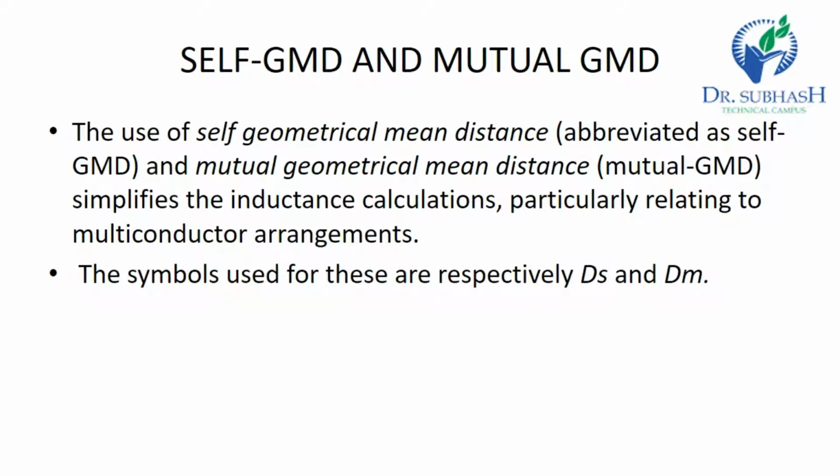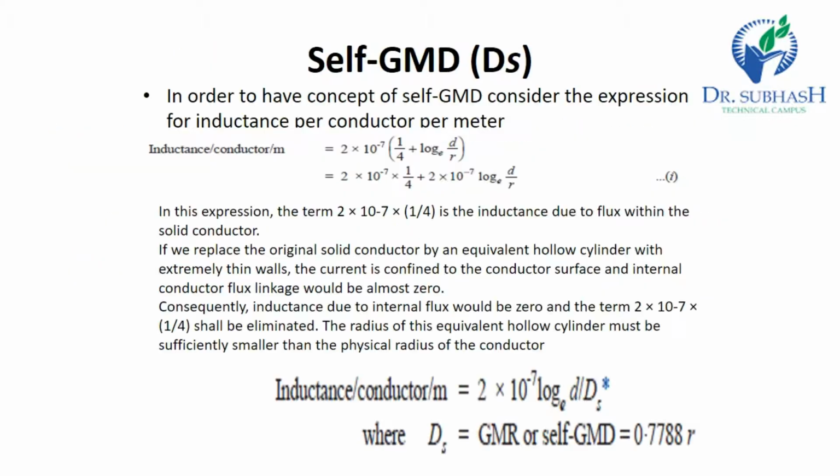Self GMD and mutual GMD: the use of self geometrical mean distance and mutual geometrical mean distance simplifies the inductance calculation, particularly for multi-conductor arrangements, and the symbols used for these are Ds and Dm respectively.